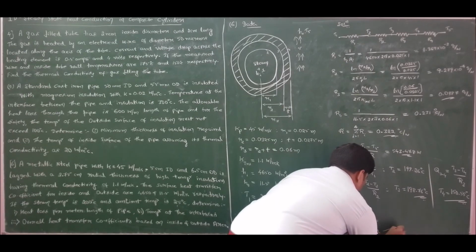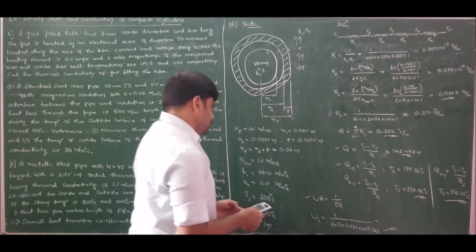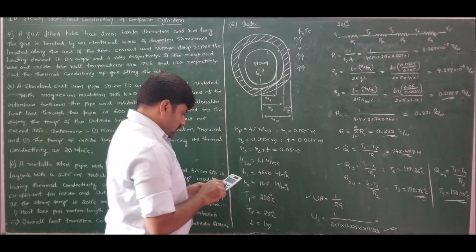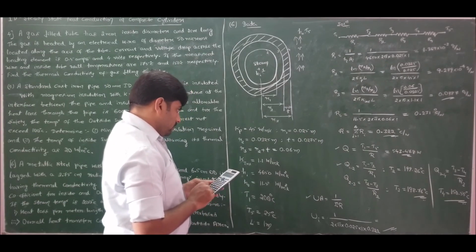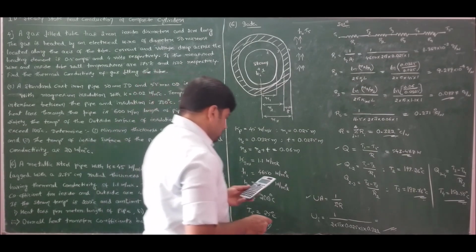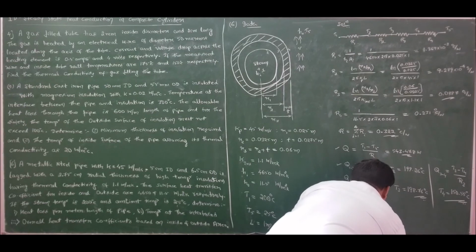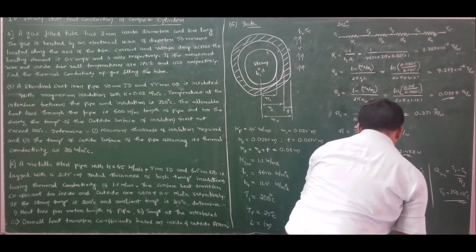So we get the value of Ui as 1 divided by 2 into pi into 0.025 into 1 into 0.322, which is nothing but 19.77 watt per meter square degree Celsius.